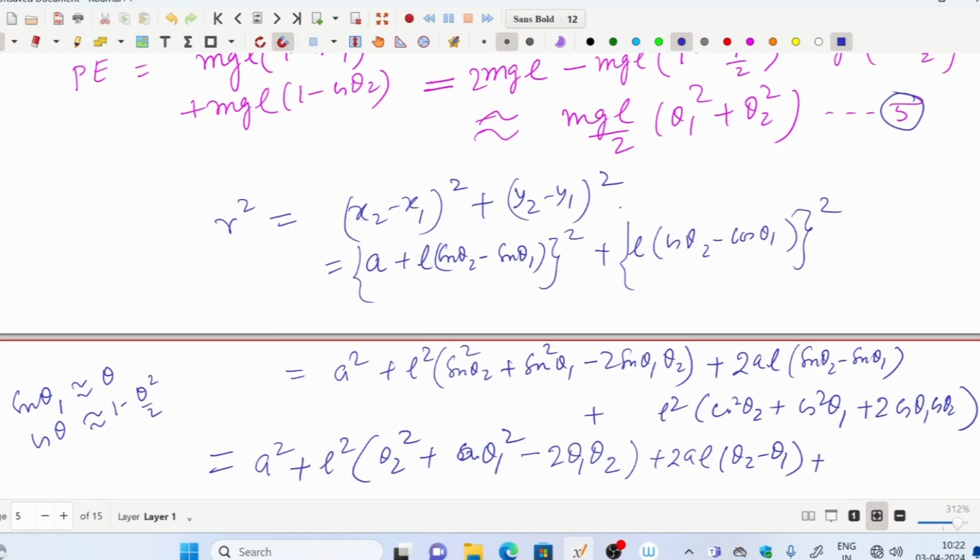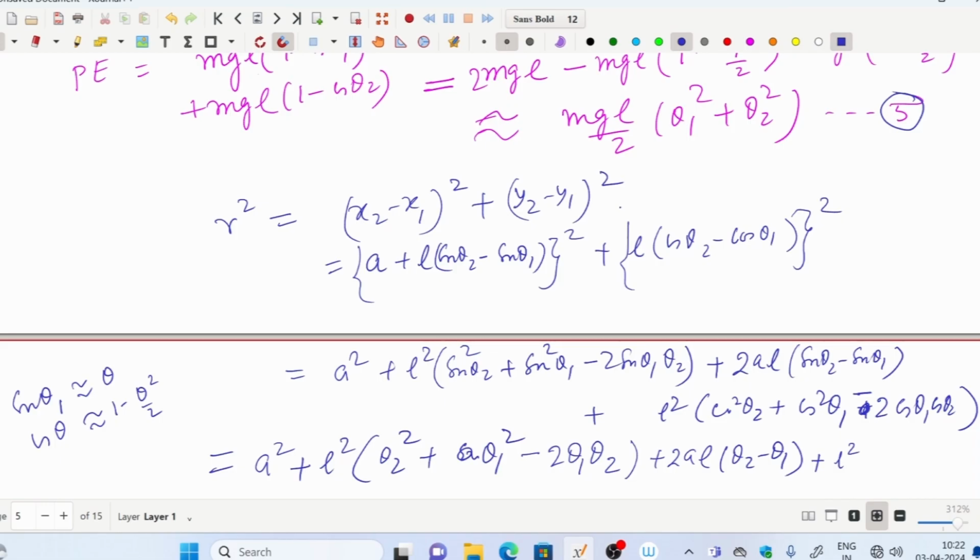Now, from this term L square, there is a minus, so let me make a correction.